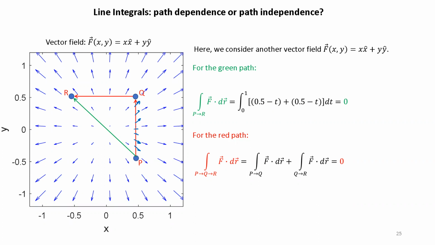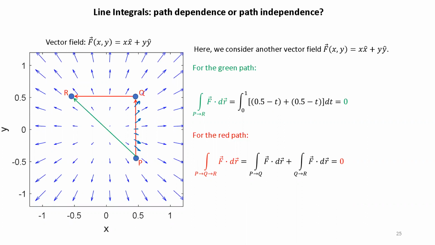But regardless, in this case I have two points and two different paths, and the line integrals are the same. However, in principle this is not enough for me to conclude that the line integral from P to R is path independent, because I only picked two.